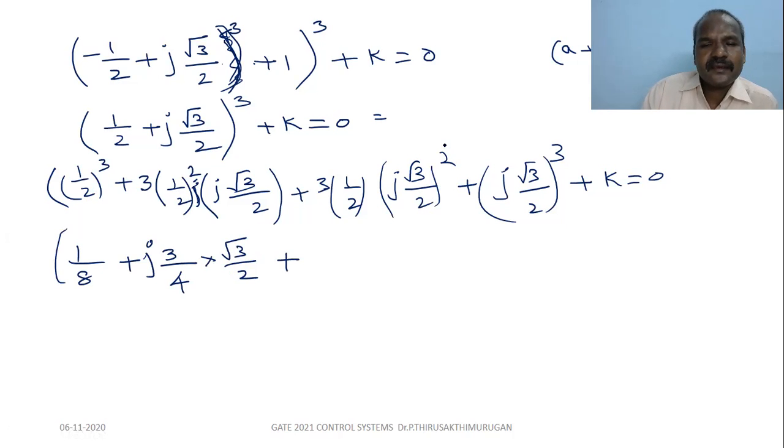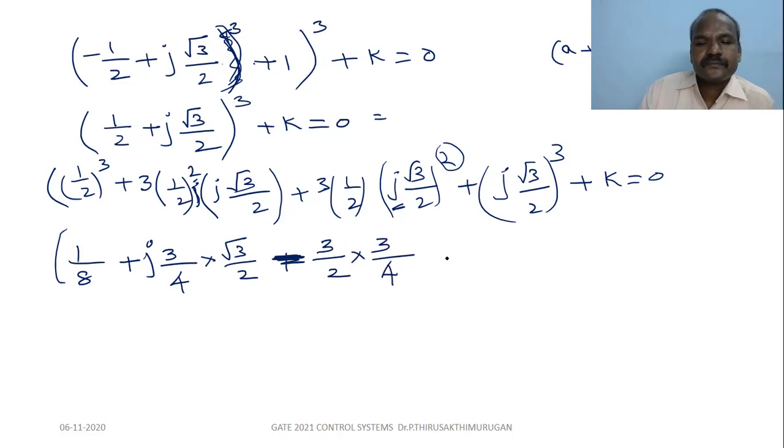Say here, square, j is here, directly we can put j square is minus 1. So here put minus sign: 3 by 2 into root 3 by 2 whole square, root 3 square is 3, denominator becomes 4.